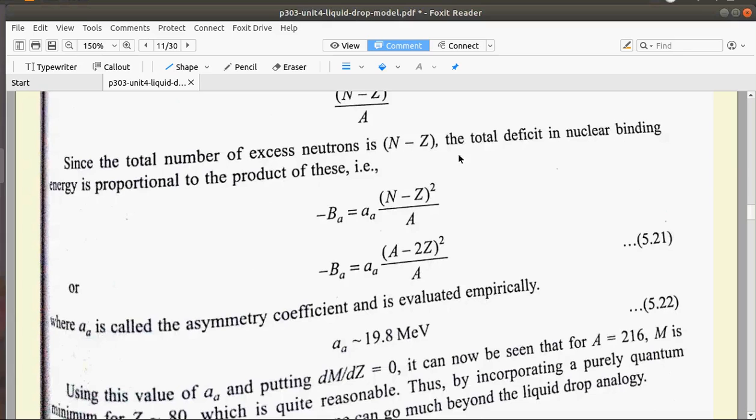Let us say N minus Z is the total number of extra neutrons. Then the nuclear binding energy will be proportional to the product of this, that is, to the square of it. So Ba will be equal to AA times (N minus Z) whole square by A. Now instead of N, you can write A minus Z, so it will be (A minus 2Z) whole square.